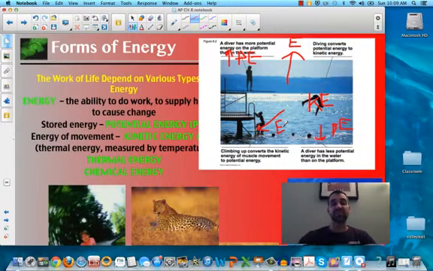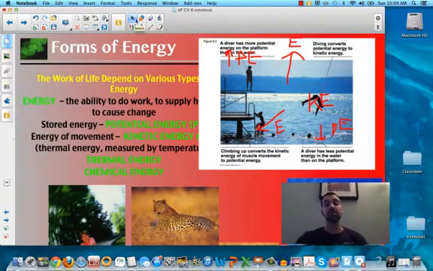Okay, so hopefully you guys are starting to see the ideas here. The analogy here is that a diver jumping off of the top of the diving board is releasing energy. Some of that energy is going to be lost as heat, some is going to get converted into kinetic energy, and you will have low potential energy at the end of this entire reaction.